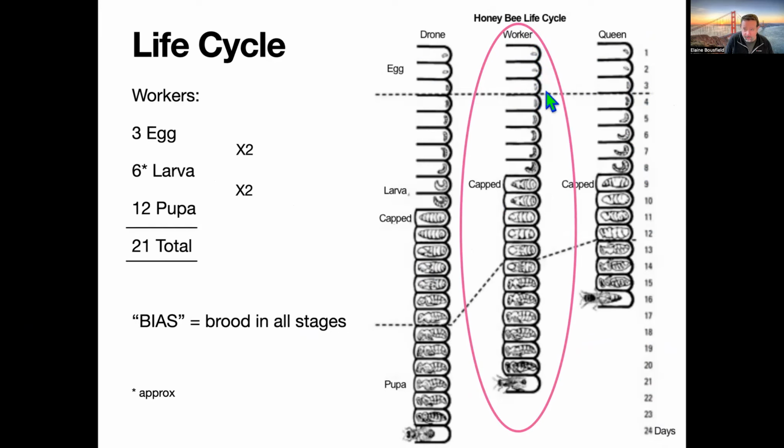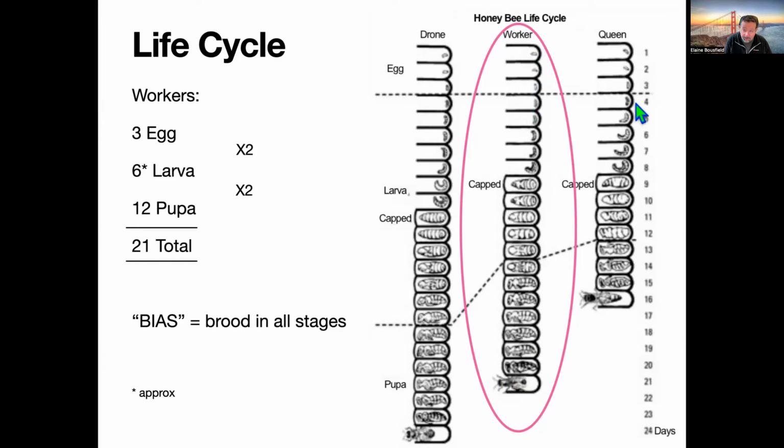So in the case of a worker, that's an egg sitting in the cell on day 1, and day 21, a new worker is born. And what happens is you've got 3 days as an egg. Day 1, the egg's sort of standing up. By day 3, it's laying down. And by day 4, it's a tiny puddle with a little larva in it that you can barely see.